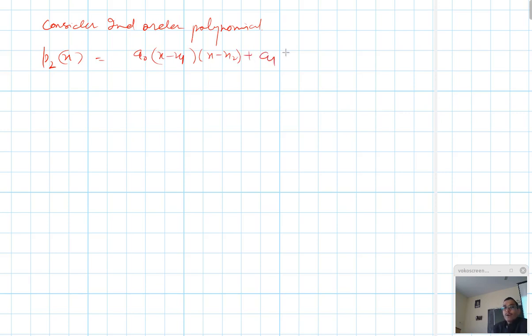So if we consider a second order polynomial, let us call it P2 of x. It can be written as a0 x minus x1 x minus x2 plus a1 x minus x0 x minus x2 plus a2 x minus x0 and x minus x1. This is the second order polynomial.